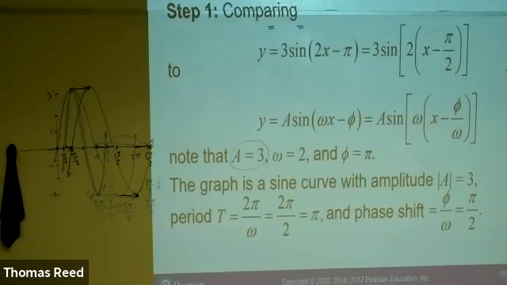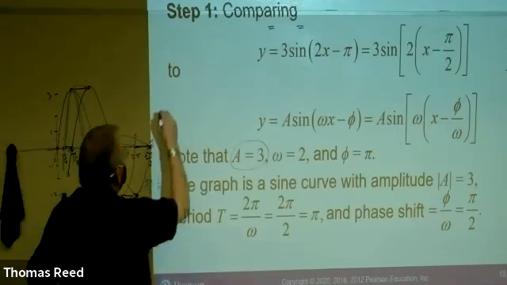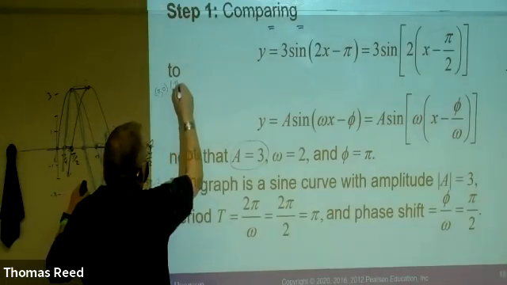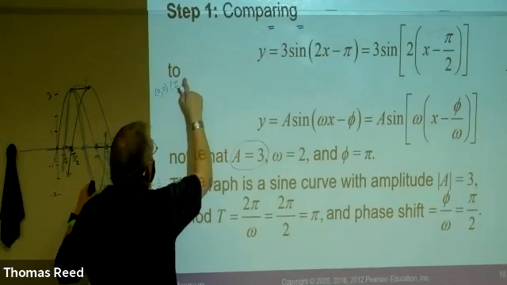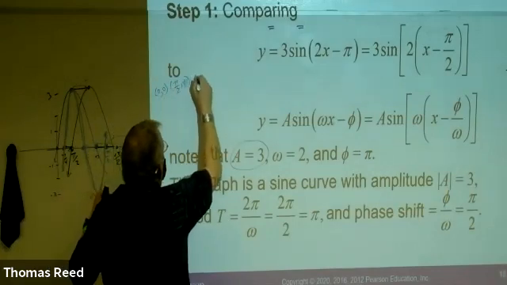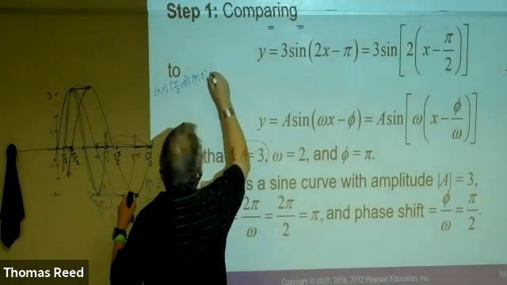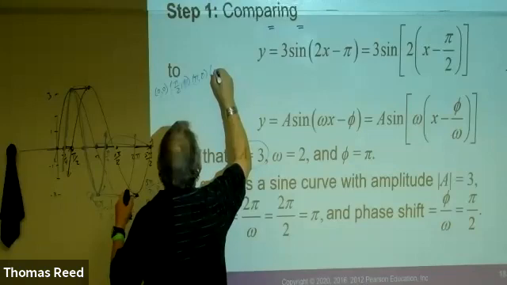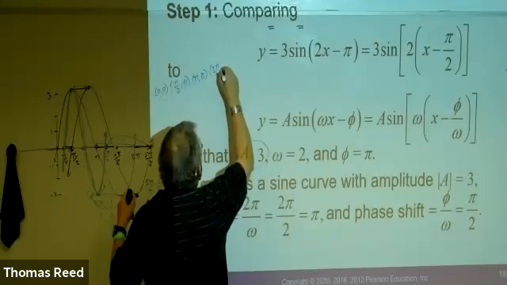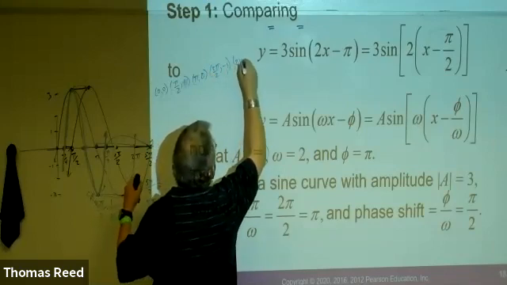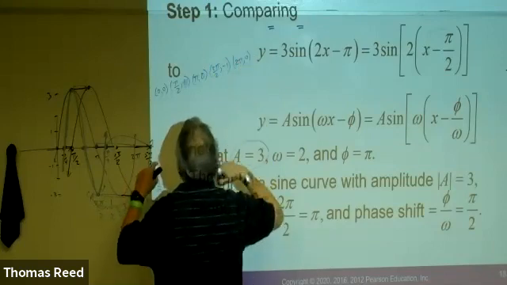So I did this on the graph. If I did it using the key points, the sine key points are 0 0, pi over 2 1, pi 0, 3/2 pi -1, and 2 pi 0.